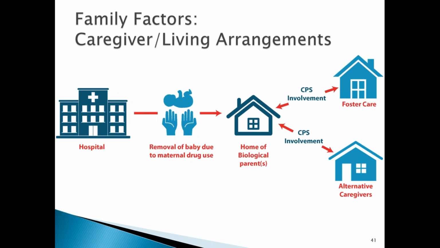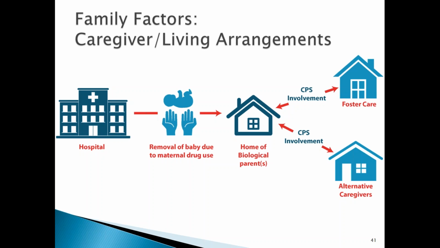However, it's important to know that with our sample, particularly given the drug use and the time period when this was happening, that may not be the case. So the baby could have been removed from the mother due to maternal drug use. So that baby may not have just gone home with mom. The baby may have been placed in some other types of care, so foster care, for example.